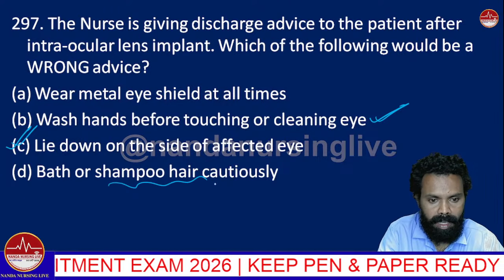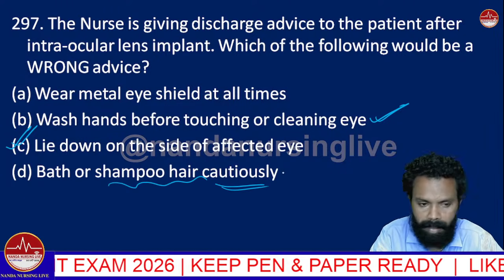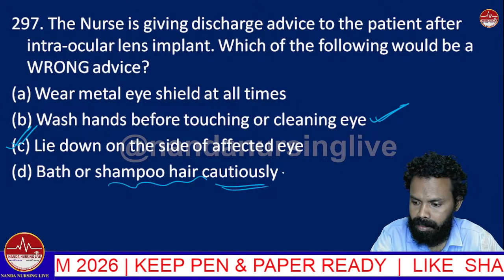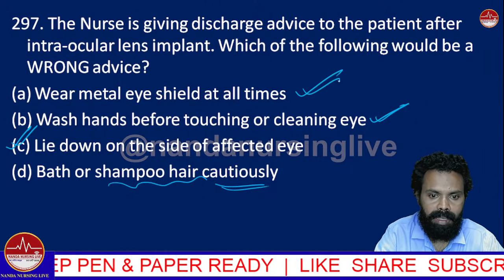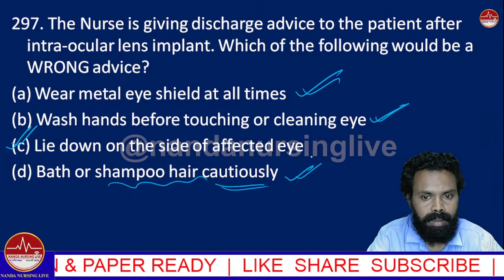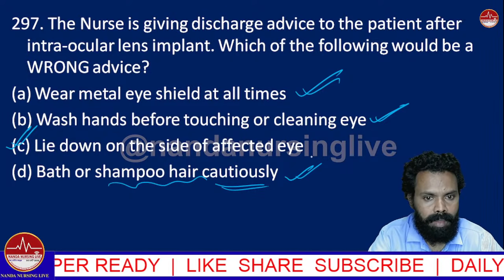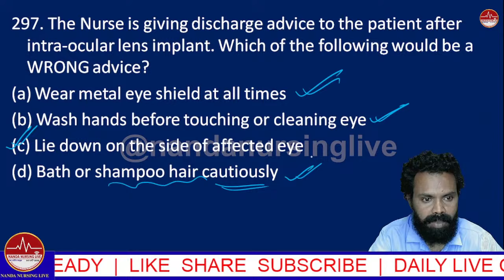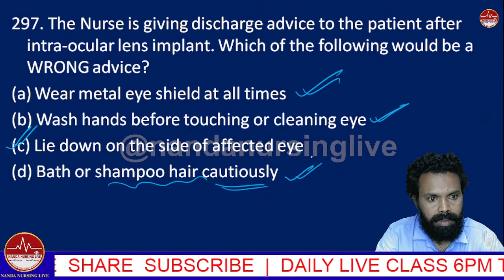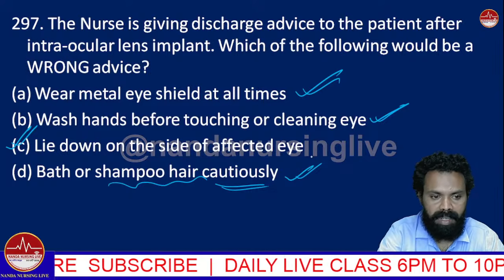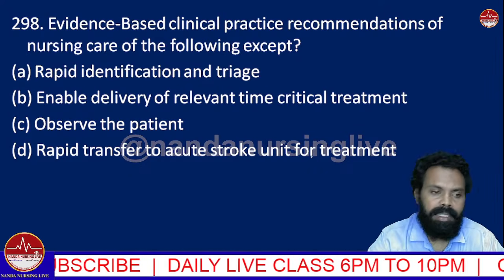Shampoo hair carefully or cautiously, that is also advised. Wear metal shield at all times, that is also advised. Understood? This is all about discharge advice to the patient after intraocular lens implant.